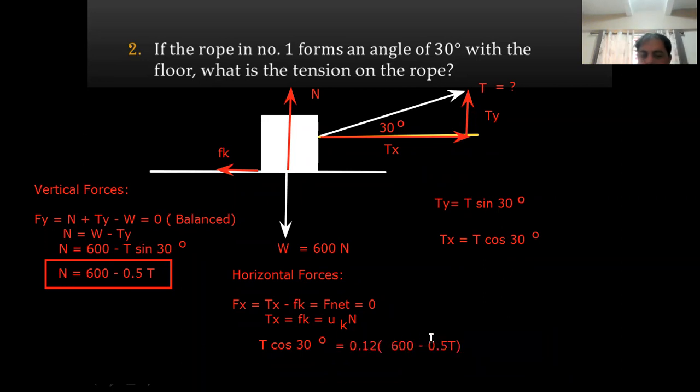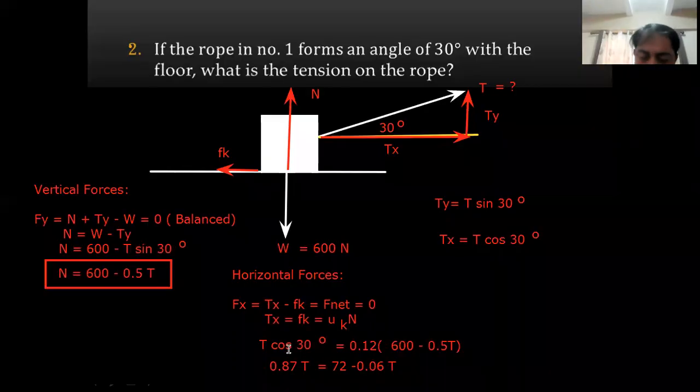So this is our value of N, and you'll notice that we are left with simply a variable T. Now, can you get for me the value of cosine 30 degrees? We end up with T cosine 30 degrees equal to T sub x, and F sub k being mu k times N, where the coefficient of friction is 0.12 and N is the expression on the left side.